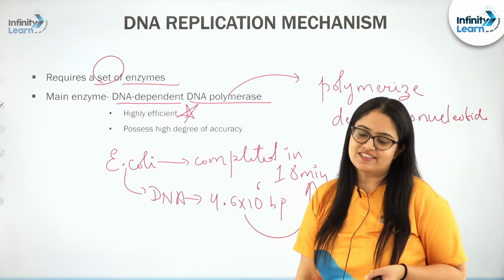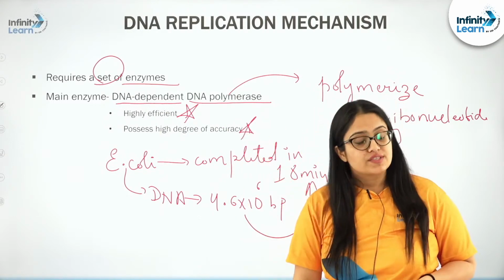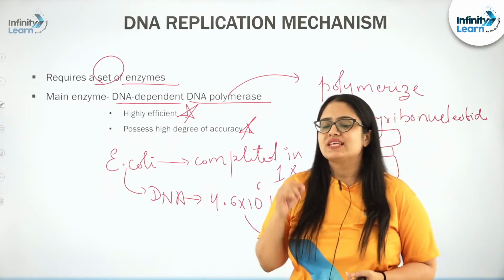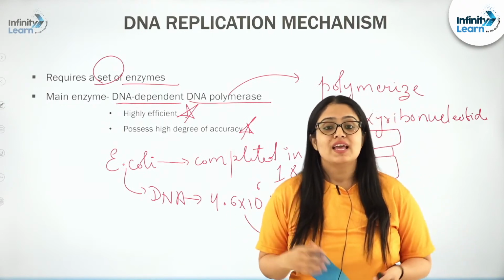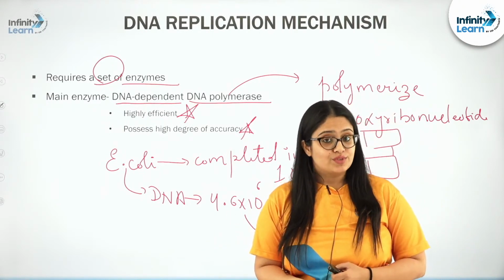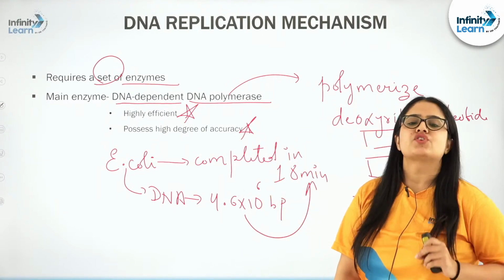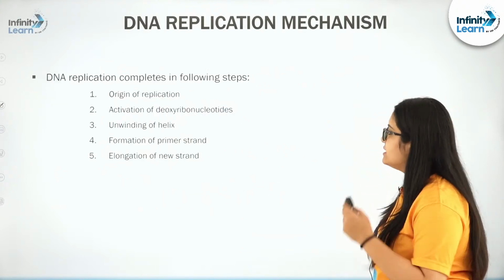How efficient it is. Next, it possesses a high degree of accuracy. Yes students, accuracy is very much required because even a single error in DNA during the DNA replication process can lead to undesirable mutations, right? So these two properties are very much required in a DNA dependent DNA polymerase. Let us see next.